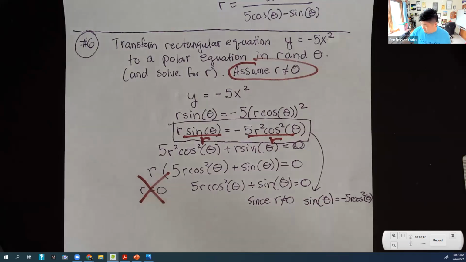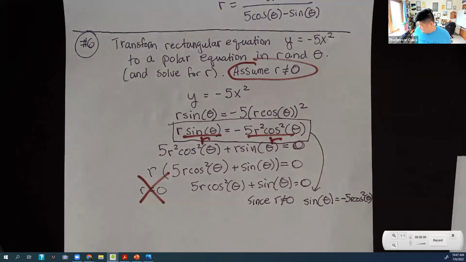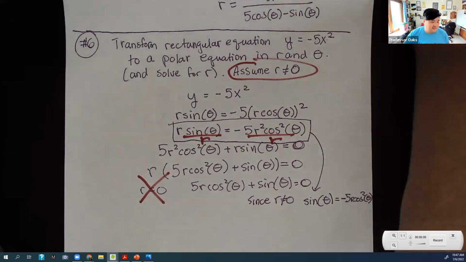I don't feel like it is that big of a deal, but there are cases where it matters. By the way, I don't know if I said this at the beginning, but if r is 0, then it really is just the point at the pole, or the point (0, 0).